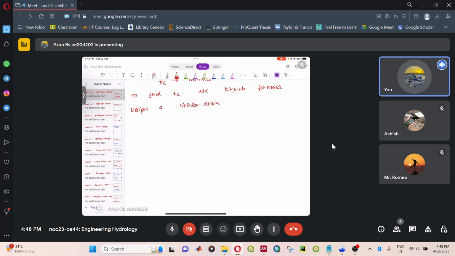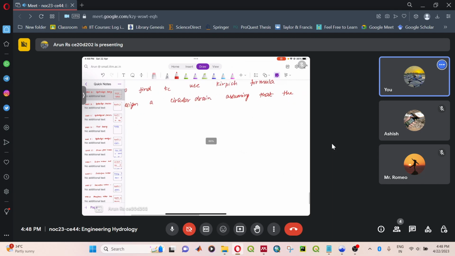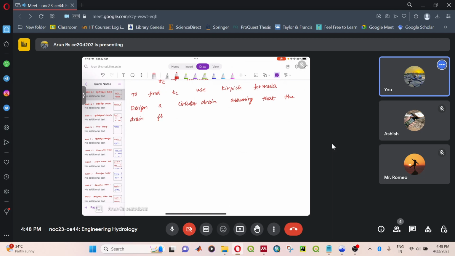We need to design a circular drain, assuming that the drain is at the carrying capacity, so it is flowing full. So let's see how to solve this.